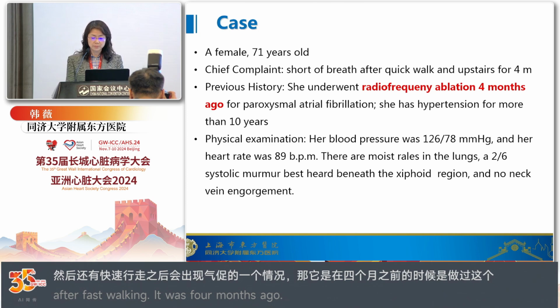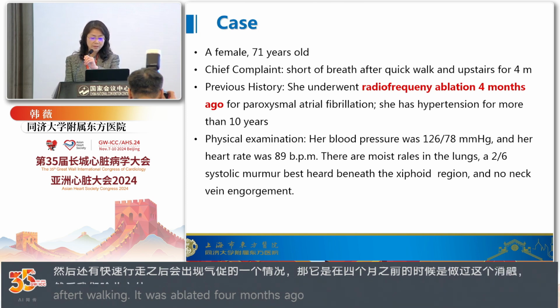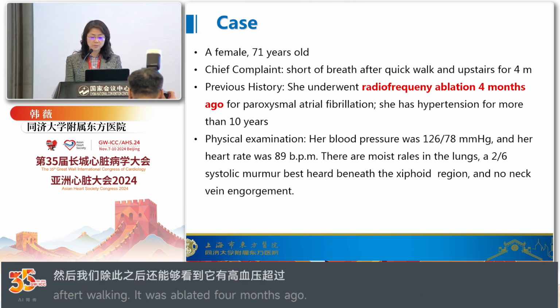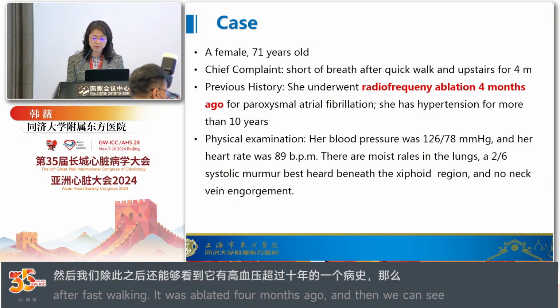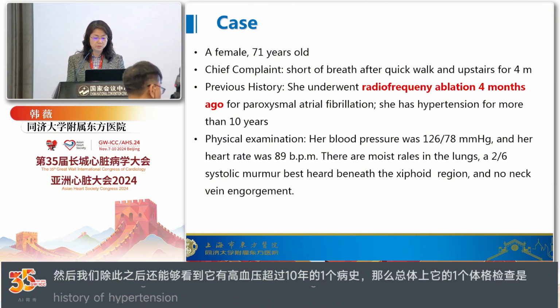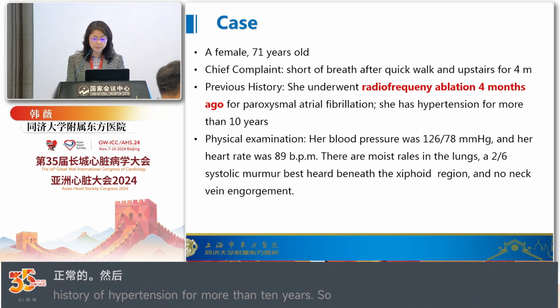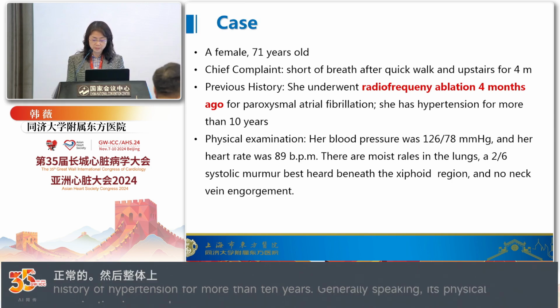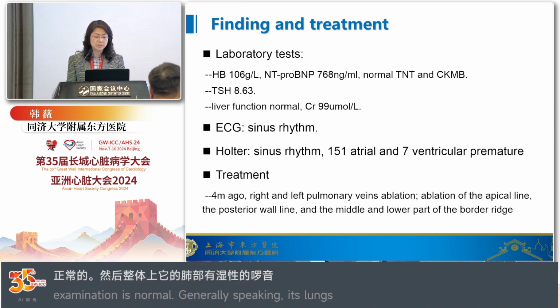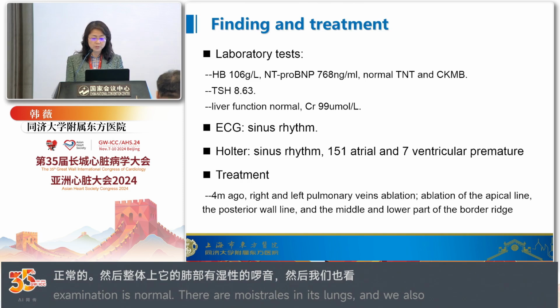Her blood pressure and heart rate are normal, there are moist rales in the lung and a 2/6 systolic murmur best heard beneath the xiphoid region. NT-proBNP is increased, and ECG and Holter show sinus rhythm and a few ventricular premature beats.